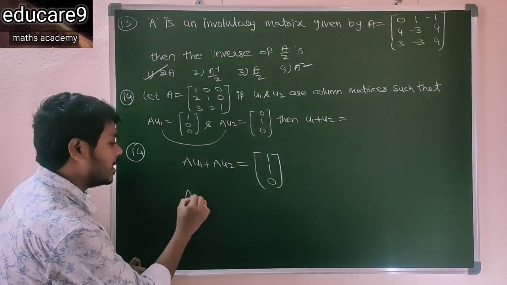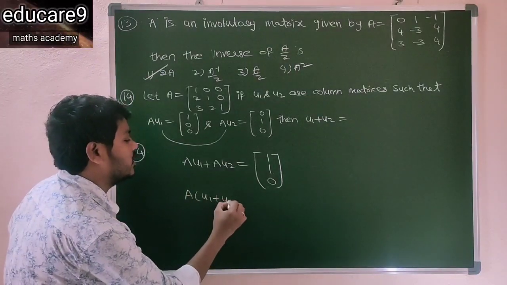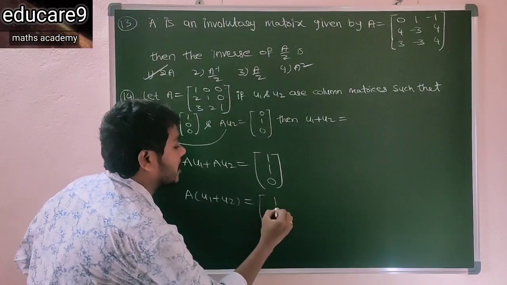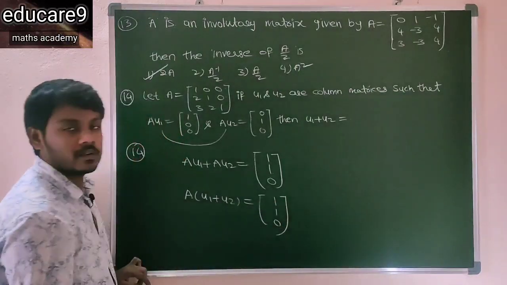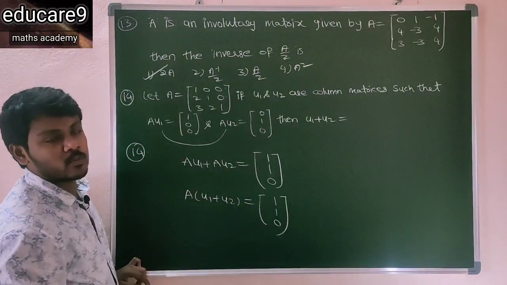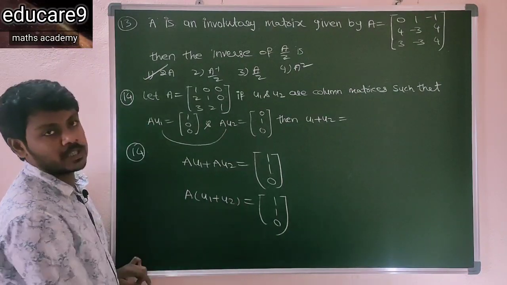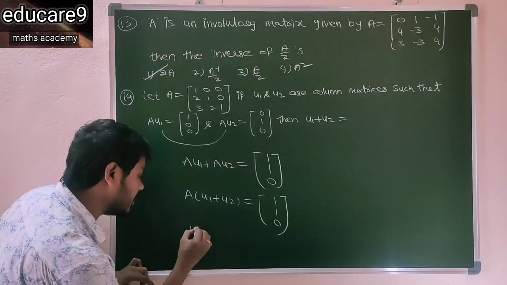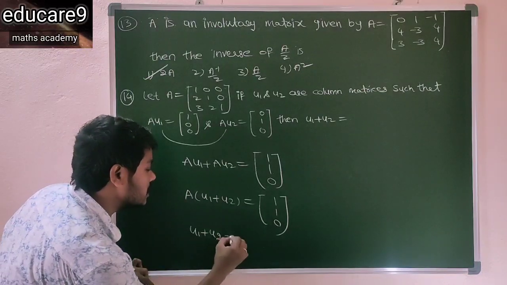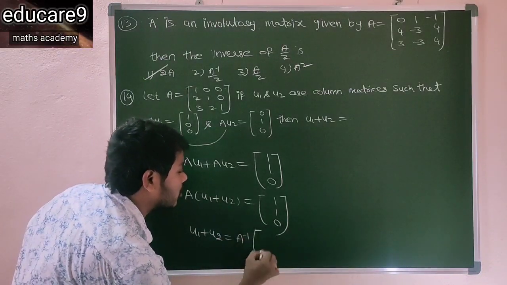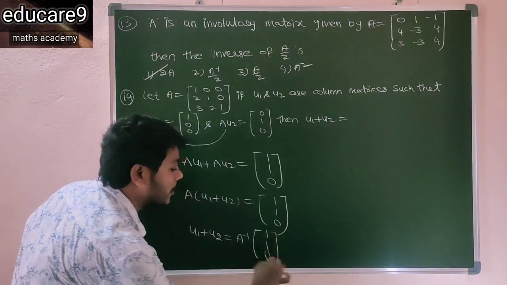So here A is common, you get U1 plus U2 is equal to [1, 1, 0]. So multiplying A inverse on both sides, A inverse into A is the identity matrix into the U1 plus U2 matrix. So again you will get U1 plus U2 is equal to A inverse into [1, 1, 0].